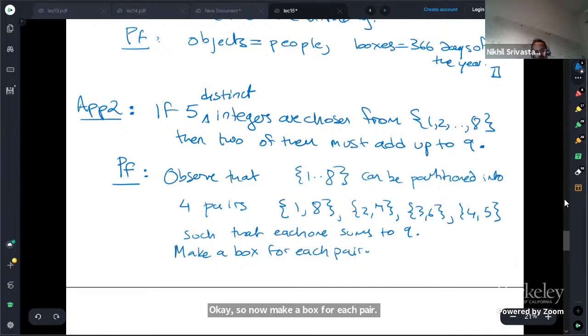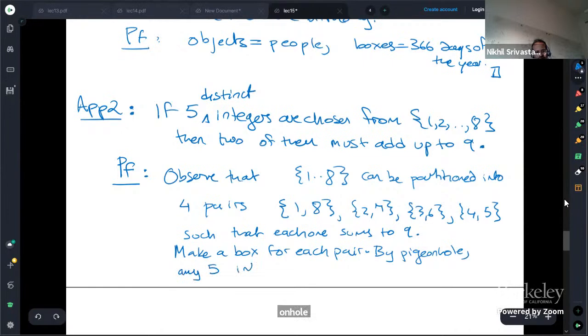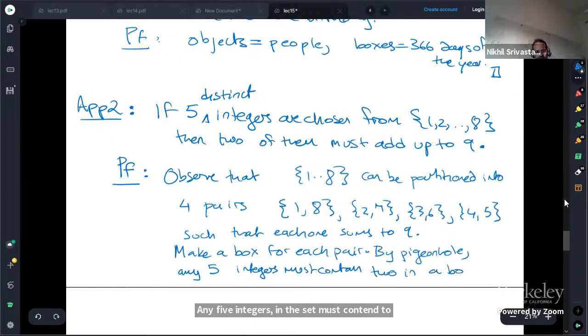And now by pigeonhole, if you choose 5 integers, some box has to contain 2 integers, and then these 2 integers have to add up to 9.